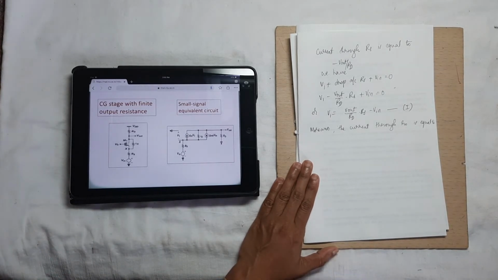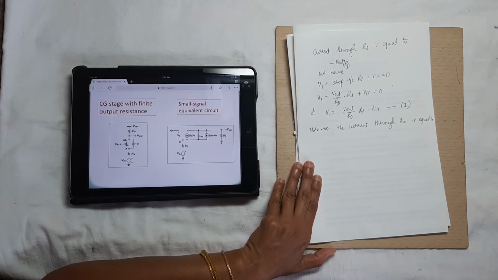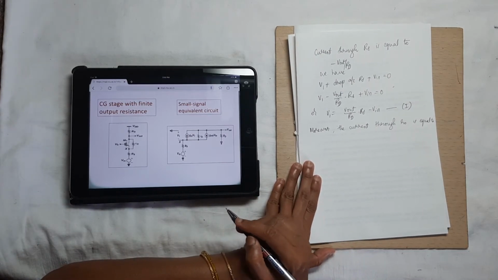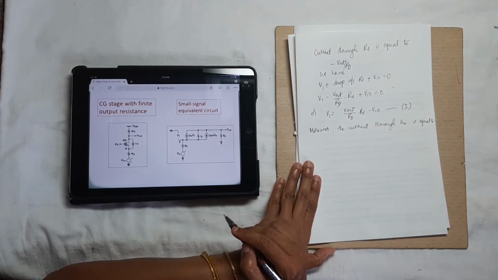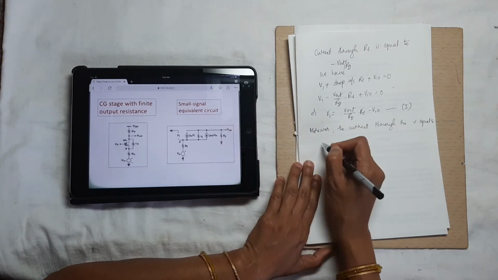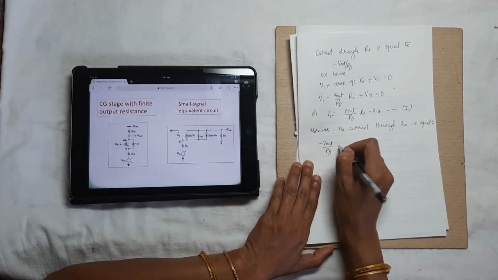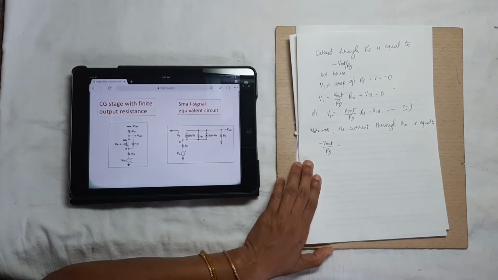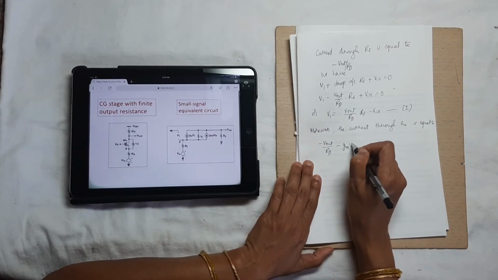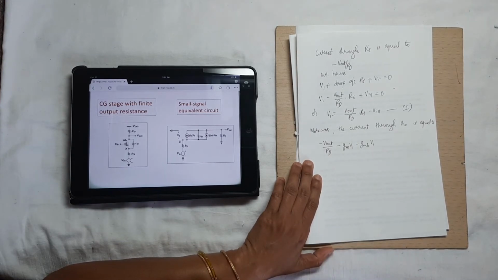With that, we will find the equation for the voltage gain. Current through RO is the total current minus these two currents. What is the current flowing here? The current flowing here is minus V out divided by RD. Minus this current, minus this current: minus GM into V1 minus GMB into V1.